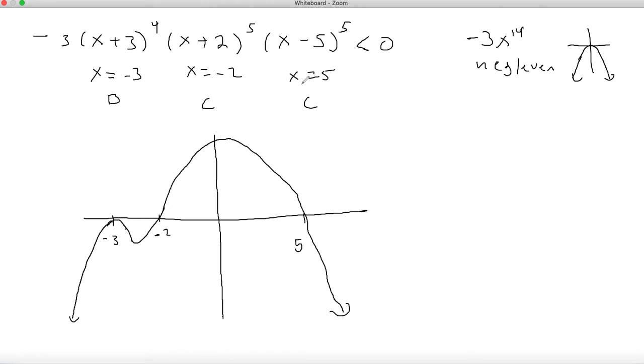And then for the inequality piece, we're looking for the less thans. So the part we don't want is in here. And that's because all of this graph is positive between -2 and 5. It's above. If I put any of those values in for this x, it's going to come out a positive value, which wouldn't be less than 0. So if it was greater than, that would be perfect, but we want all the negative regions.